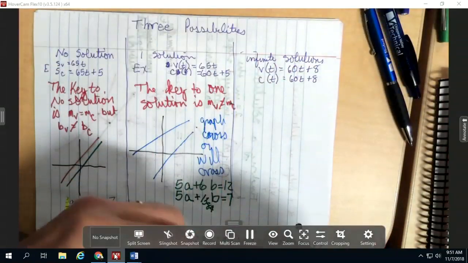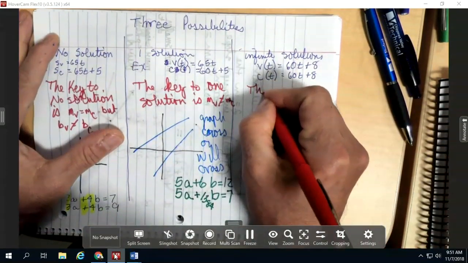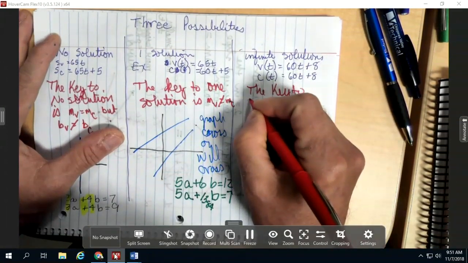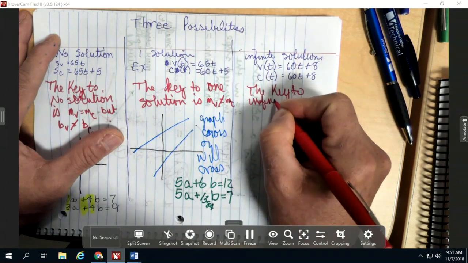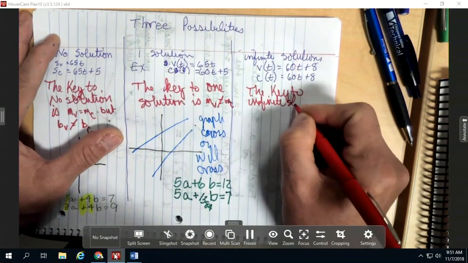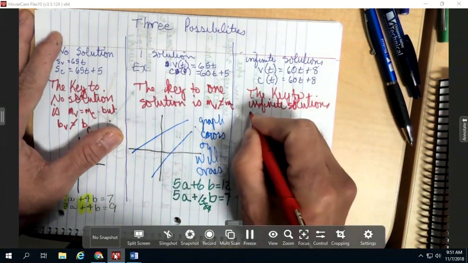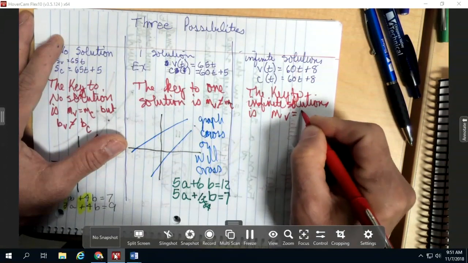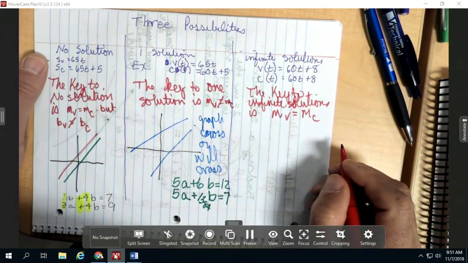Now, Madeline touched on, hey, I thought we just did that. The key to infinite solutions is m sub v is m sub c. Hey, I thought we just had that one. Yes, we did.